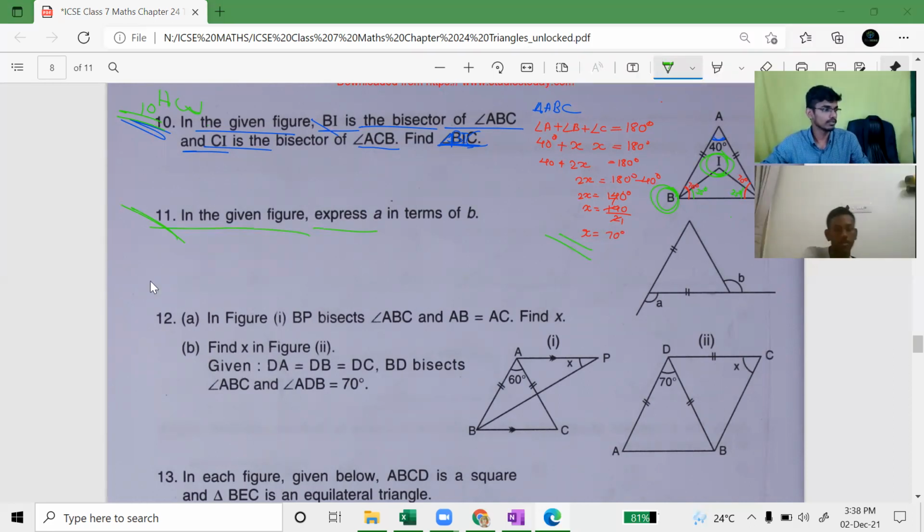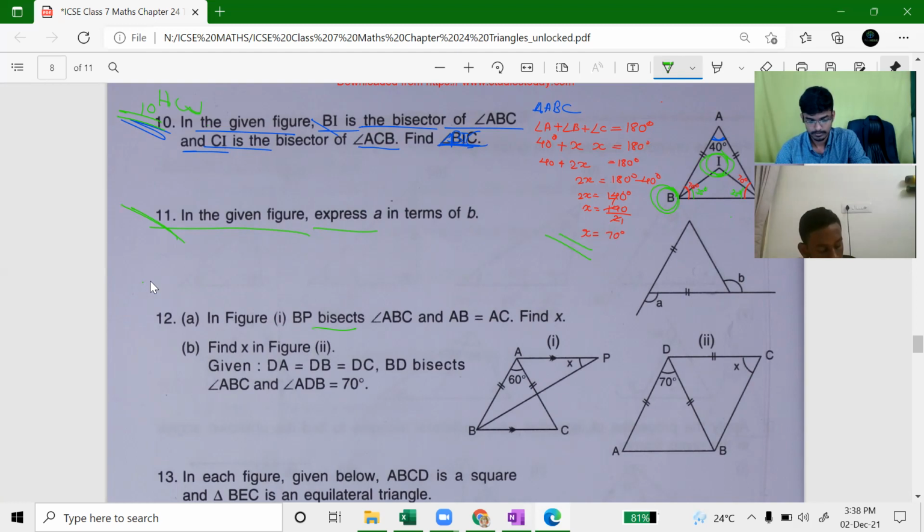Okay, come to question number 12. Come on, read it out. In figure 1, BP bisects angle ABC and AB is equal to AC. Find x. In figure 2, given BA is equal to DB is equal to DC.